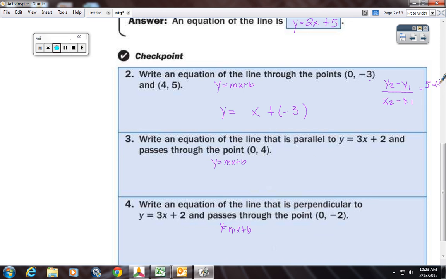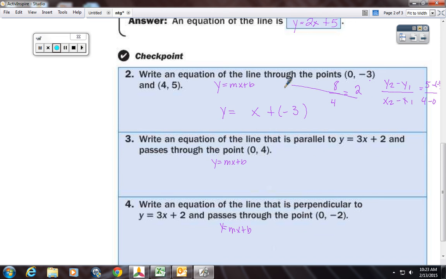Now, which number up here is the second x? 4. And which number is the first x? 0. So I've got 5 minus -3. What's 5 minus -3? Right, so it'd be 8 over, what's 4 minus 0? Can I simplify this? What's 8 over 4? 2. So guess what my slope is? 2. And that's the answer.